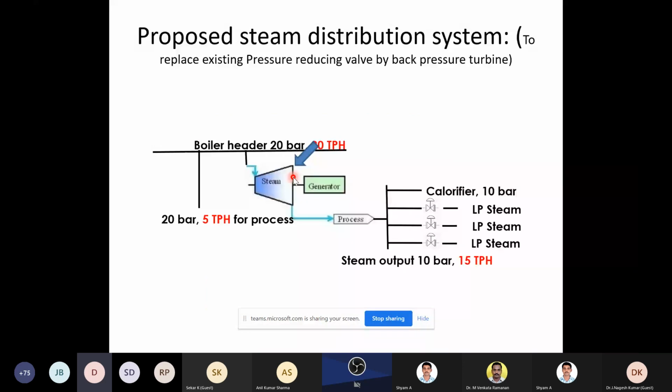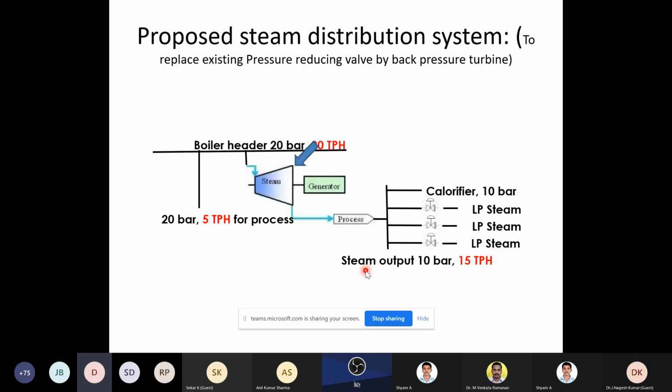Now this is a case where you can effectively, instead of using pressure reducing valves, do something better. Here there's a tire factory having 20 bar steam at 20 tons per hour. Initially they had a pressure reducing station, a PRV, which would reduce from 20 bar to 10 bar, 10 bar further to 3 bar, 5 bar, like that.